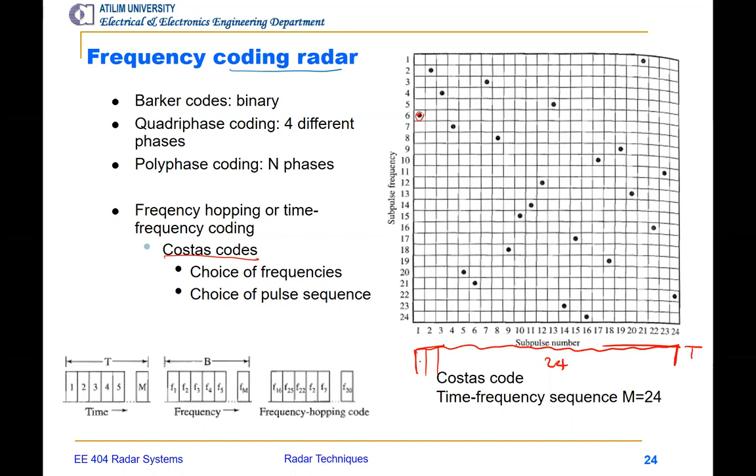This is sometimes called a frequency hopping code because at every new sub-pulse the frequencies change randomly, which makes the system robust to noise and jamming. Of course, it's a quite difficult, complex system.